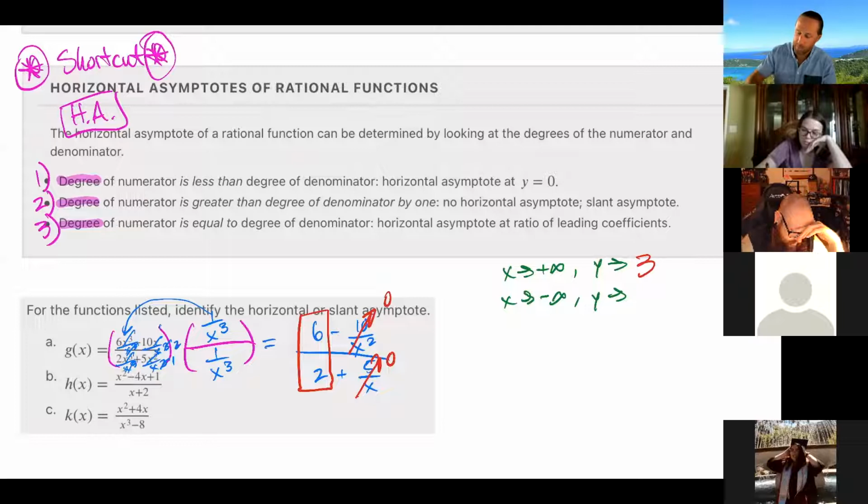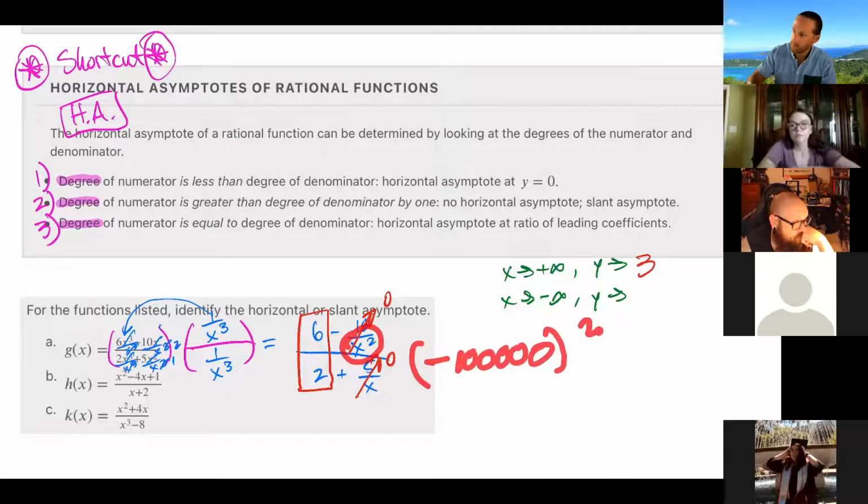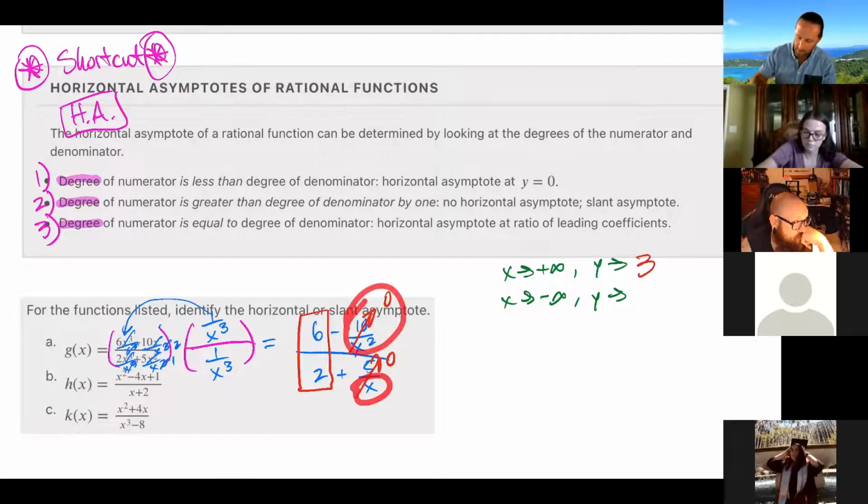Now, what would happen if we plugged in a negative infinity? Is that going to change anything? Or would these things still go to 0? What happens when you plug in a negative really big number and square it? It becomes positive and then even bigger, right? So this one's all good. What about here? A negative really big number.